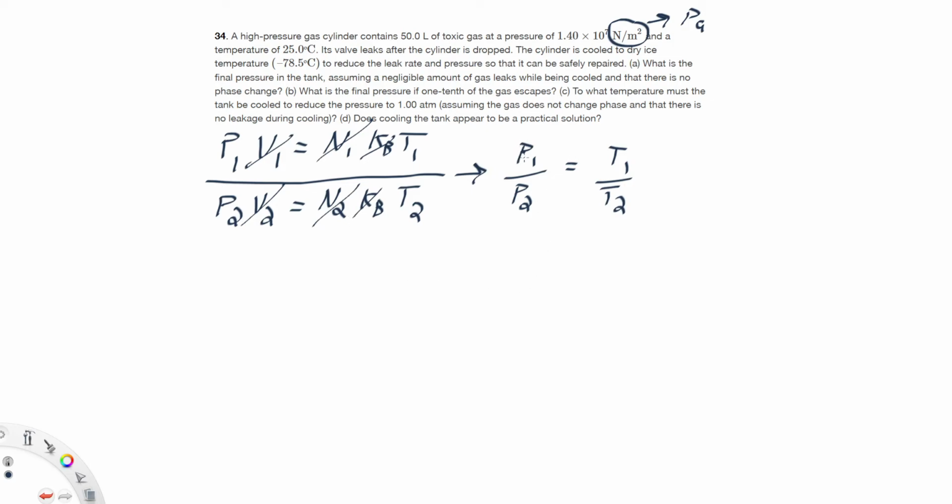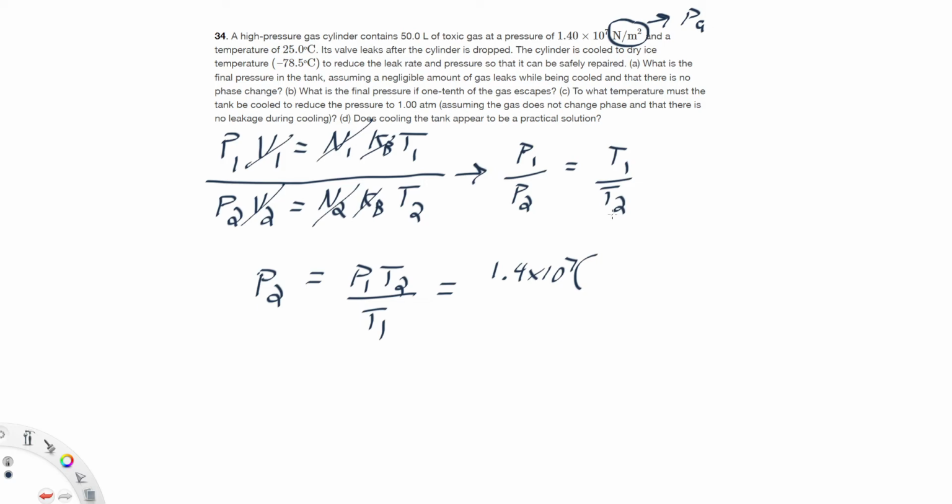So what is the pressure after it's been cooled down? We're solving for pressure 2. The original pressure is 1.4 times 10 to the 7. The new temperature is minus 78.5 Celsius, and the temperature has to be in Kelvin for this to work out.